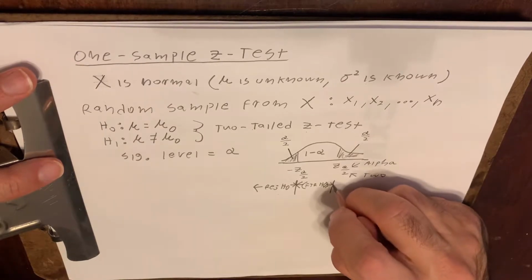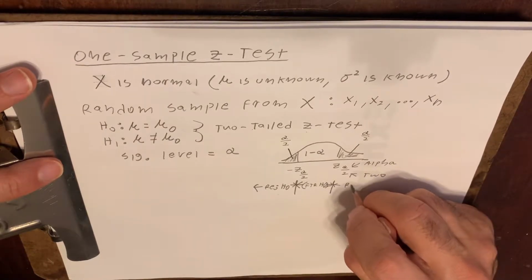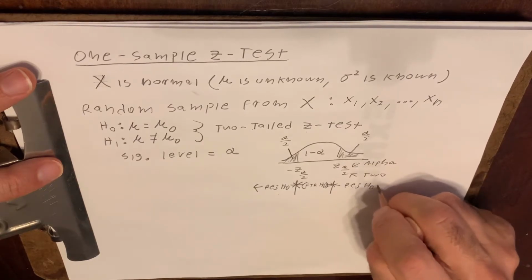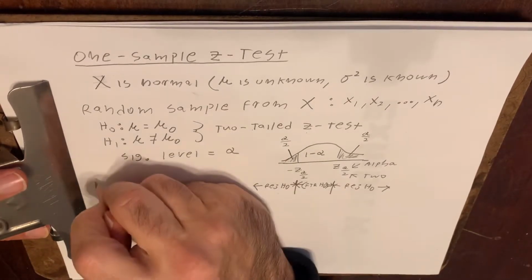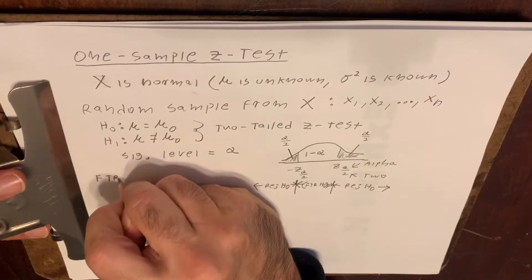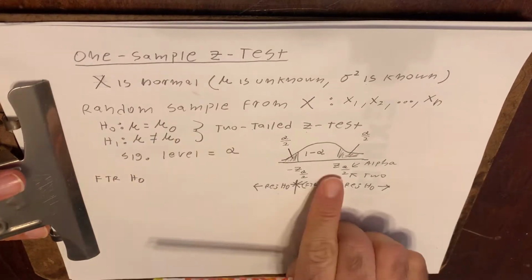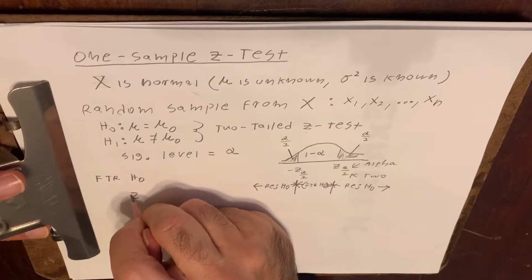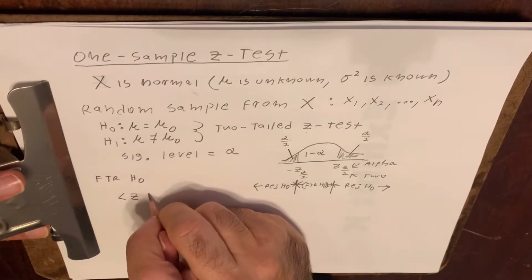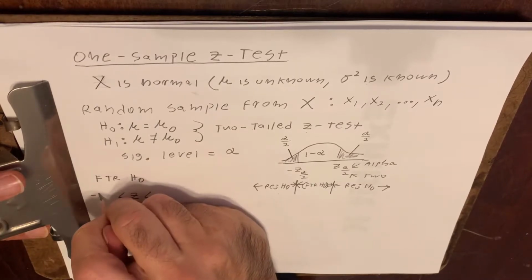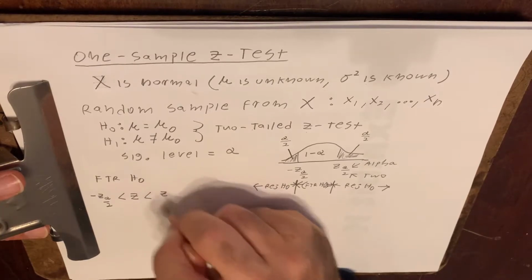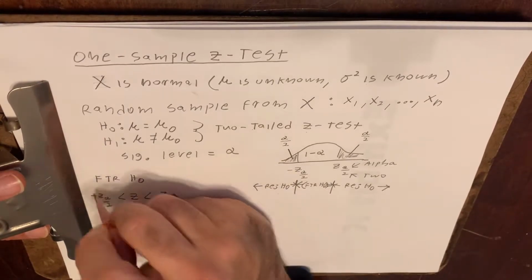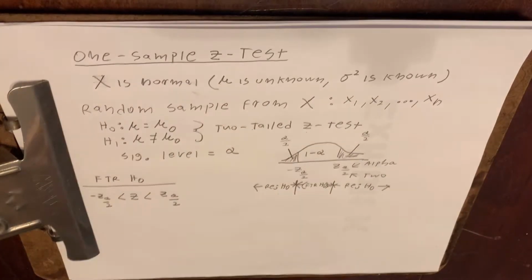And here in this region, we reject the null hypothesis. So what we're basically doing is we fail to reject the null hypothesis when our z-score is between negative z sub alpha over 2 and positive z sub alpha over 2. So this is when we fail to reject the null hypothesis.